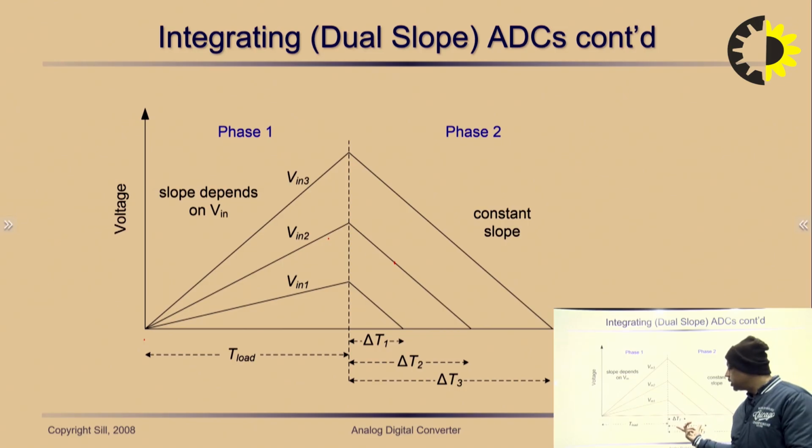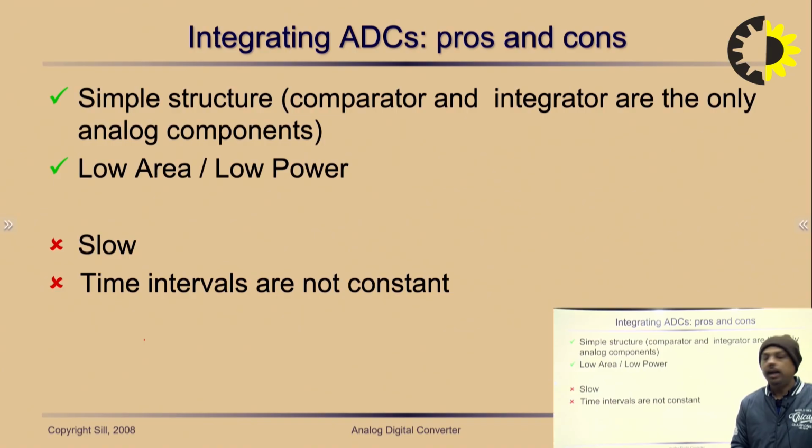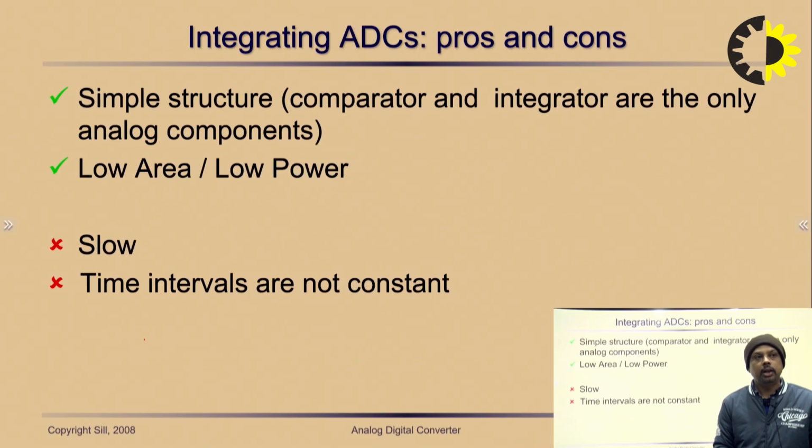For the large input voltage, the digital counter runs for a larger time and produces a digital output which is larger than the previous one but smaller than the higher one. So in this way, your dual slope converter can work.